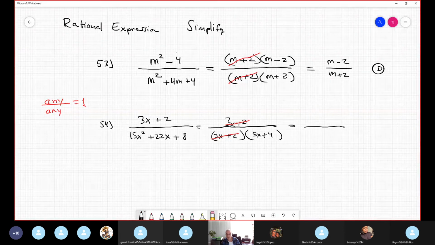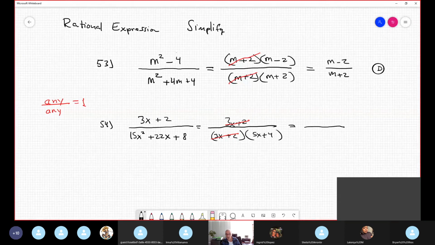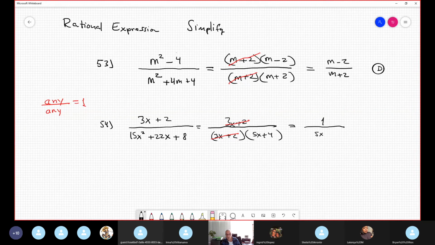Let me copy the final answer. In the top we have what? See, 3x plus 2 over itself is 1. Remember, nothing is 1. And the bottom, 5x plus 4. It's not necessary to put the parentheses when there's only one binomial. So this is option C.